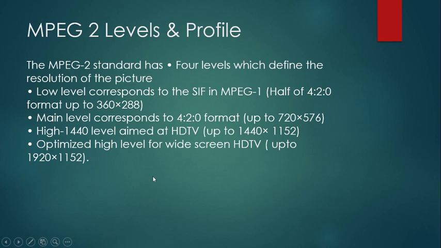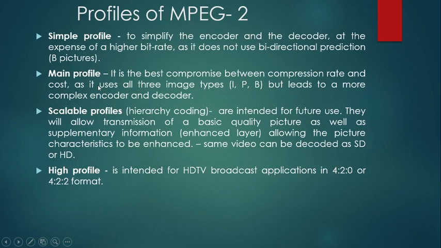Thus you can have several levels and also several profiles. In the simple profile we consider only the I and P frames; we do not consider B frames. And the main profile, the one which we commonly use, has I, P and B frames, but it leads to a more complex encoding and decoding.